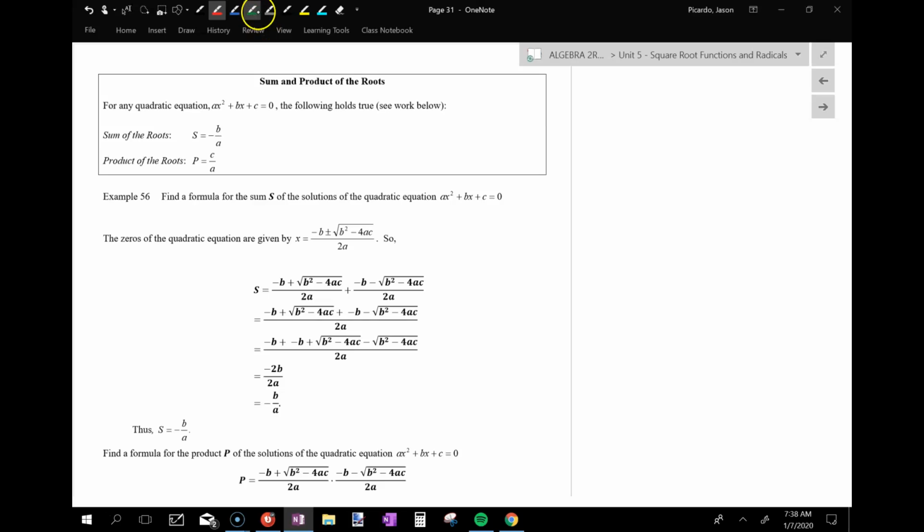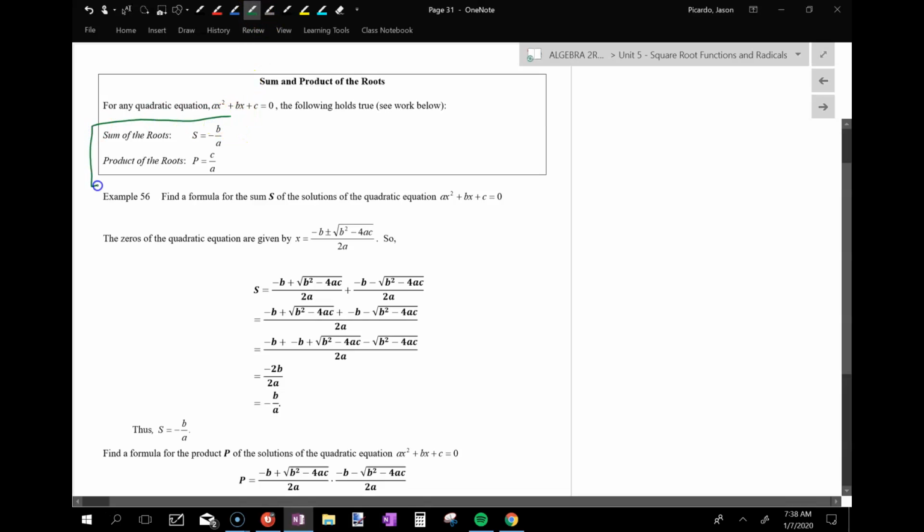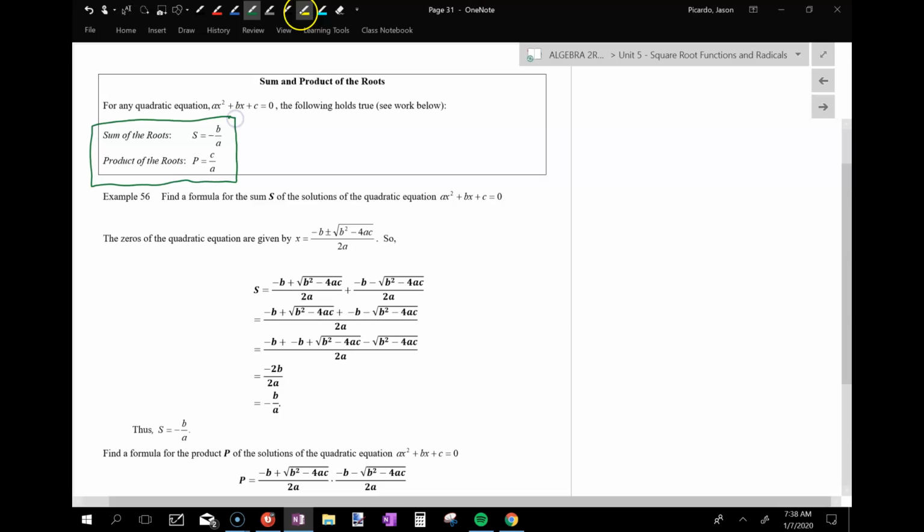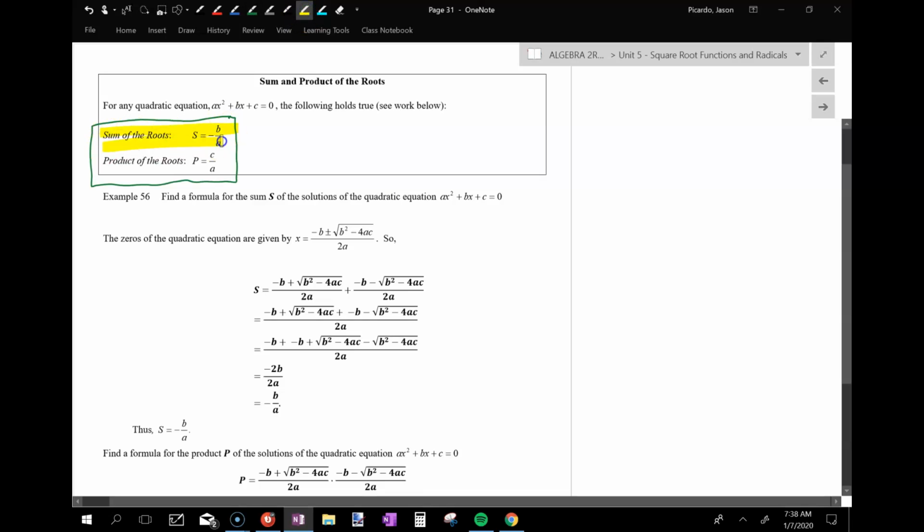I need you to highlight, circle, and star these two formulas. Okay? We're going to use those two formulas pretty extensively for the next page and a half of work.